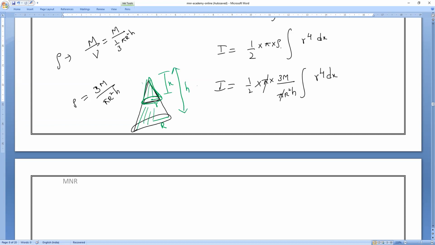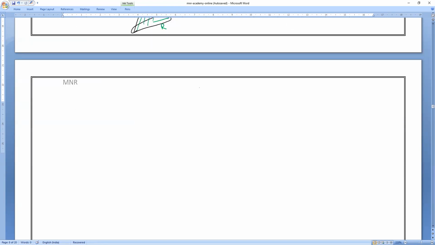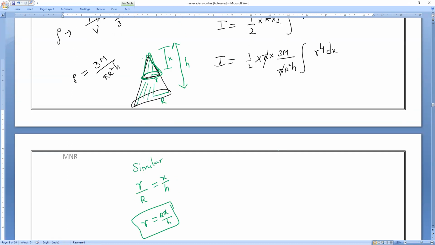If they are similar, the ratios are same. So small r by capital R is equal to small x by h. So small r is equal to R into x by h. Will you all agree with me? So I'll replace with that. So I is equal to 1 by 2 is there.